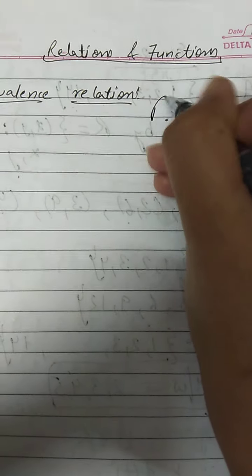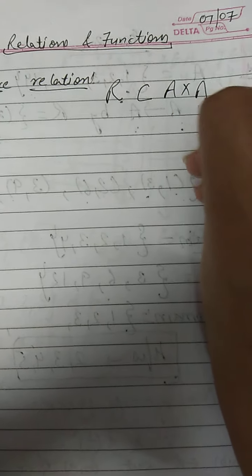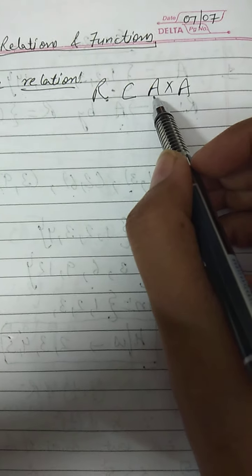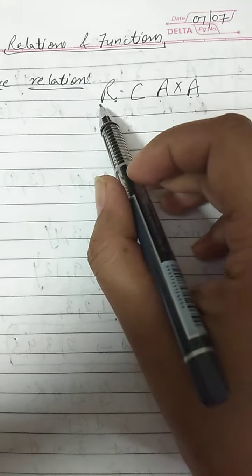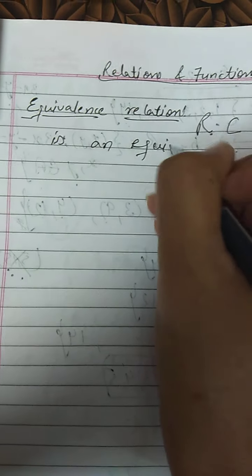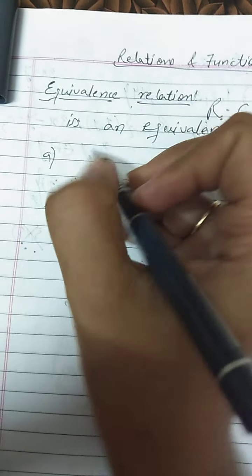If we are defining the relation R and it is a subset of A cross A, A cross A means we are taking the Cartesian product of A with A only, then we will say this relation is an equivalence relation if there are three conditions.